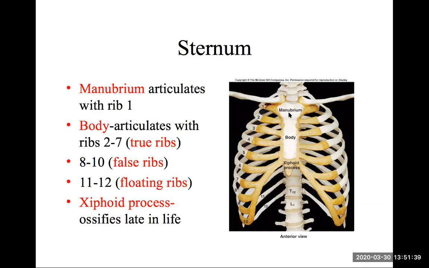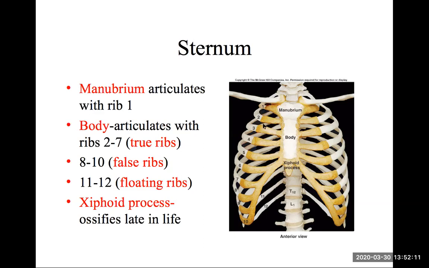All right, so the manubrium articulates with 1 rib, just this rib right here, rib number 1. The body articulates with all the remaining ribs that are able to articulate. What I mean is it articulates with 2 through 7 and also 8 through 10. There are 2 ribs that are known as floating ribs. Here they are, 11 and 12, and those 2 are too short. They don't even have the costal cartilage to come around and articulate with the body.